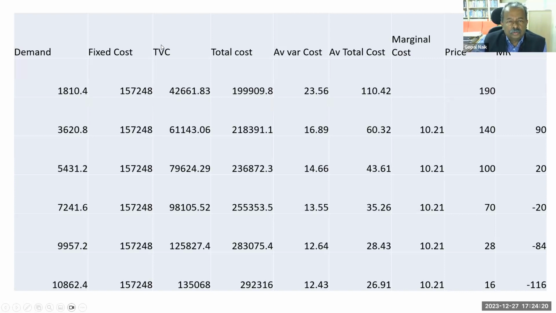Then we also looked at total variable cost, and this variable cost has one component, which is basically the salary of the waterman, which is more or less fixed for a year and so on. And the other cost is the electricity charges.